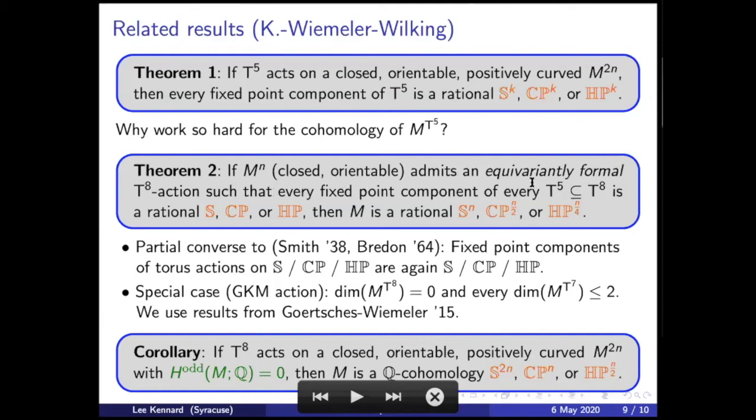And is it true that the fixed point components of T5 subtori are standard? Yes, by Theorem 1, T5 fixed point components are standard in positive curvature. So if you combine these, you see that T8 symmetry, positive curvature, and vanishing odd Betti numbers are enough to conclude the rational cohomology of the manifold, and it's again one of these standard types.